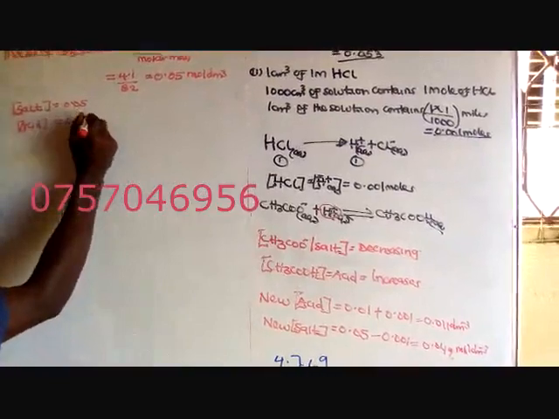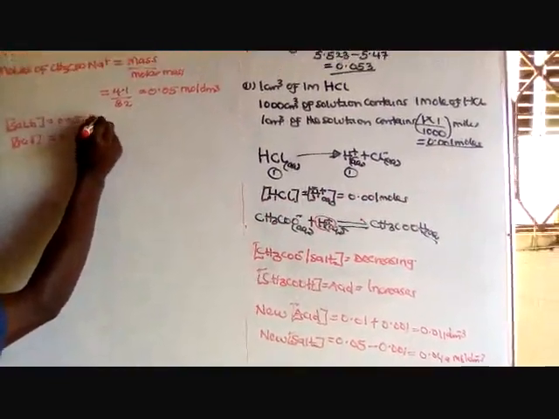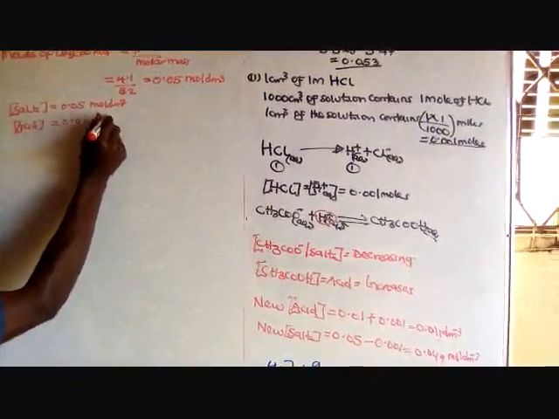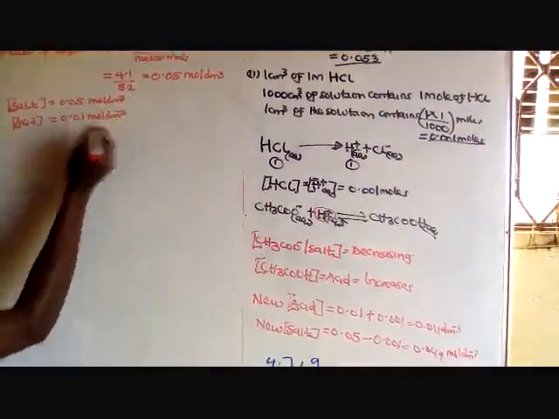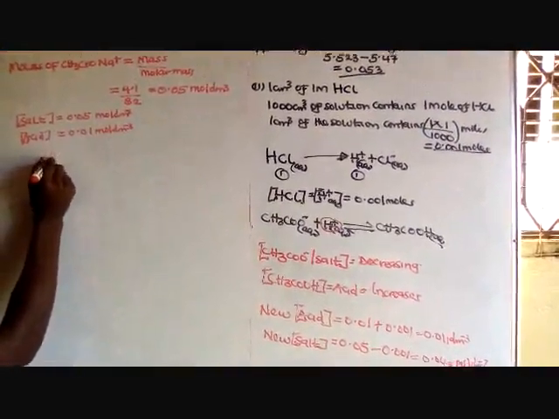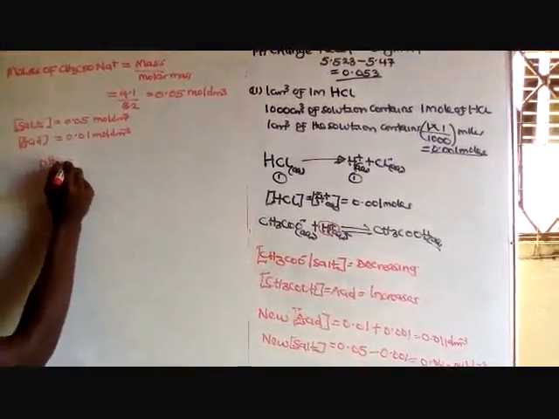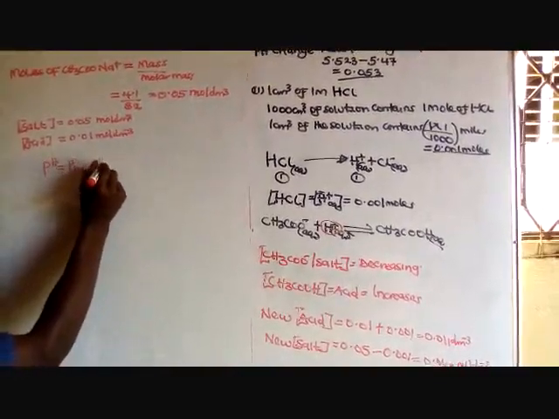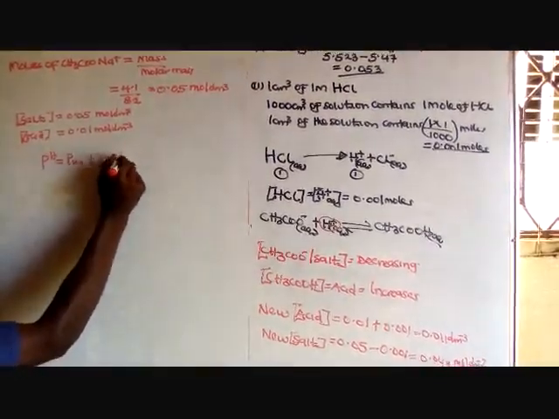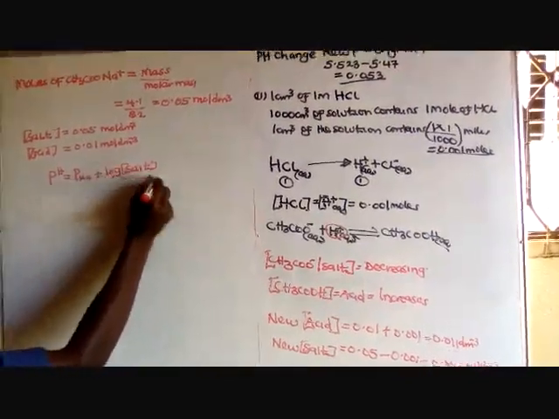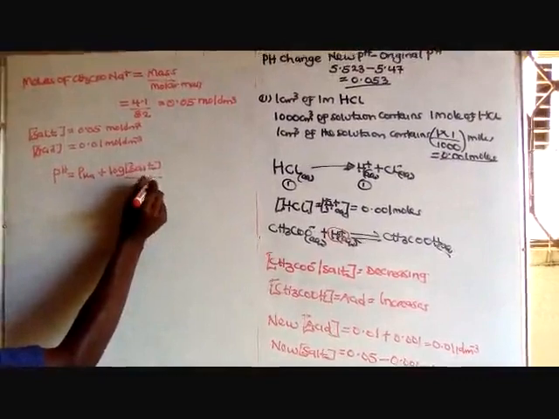Now, after having the concentration of the salt and the concentration of the acid, then we bring the Henderson's equation. Remember, the equation is saying pH is equivalent to the negative log of Ka plus log of the salt concentration over the acid concentration.